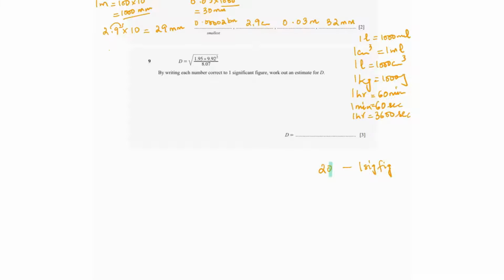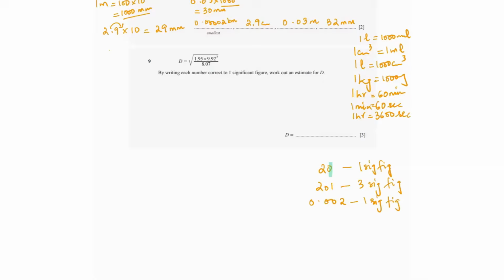If we had the number 201, now this is three significant figures. If the zeros are in the middle of non-zero digits, it's considered to be significant. Zeros at the end are not significant. Then if it was 0.002, this is also one significant figure.